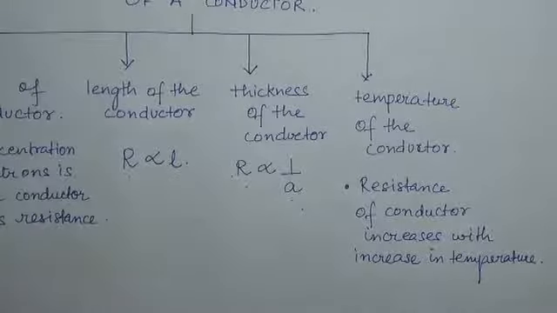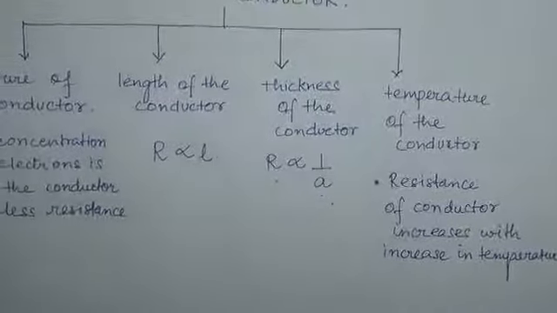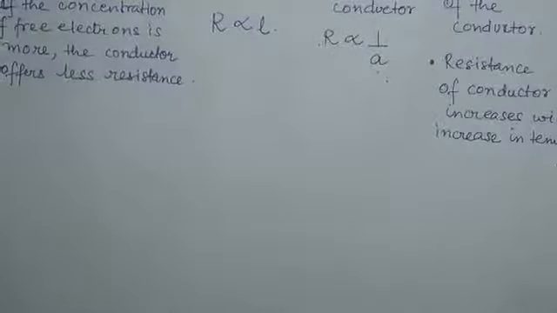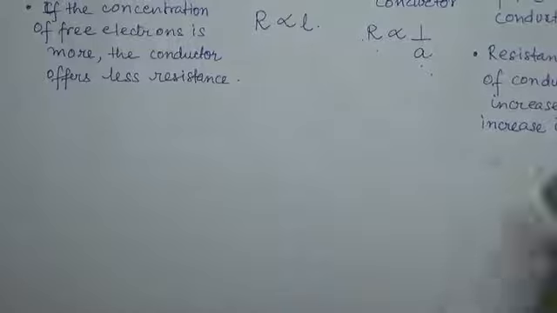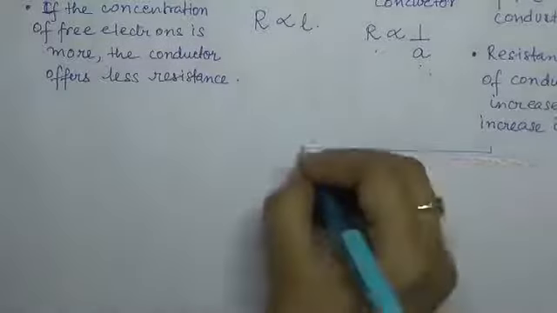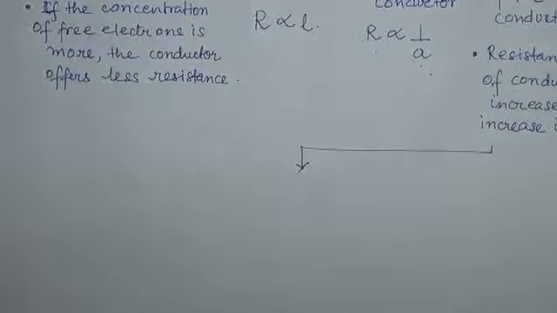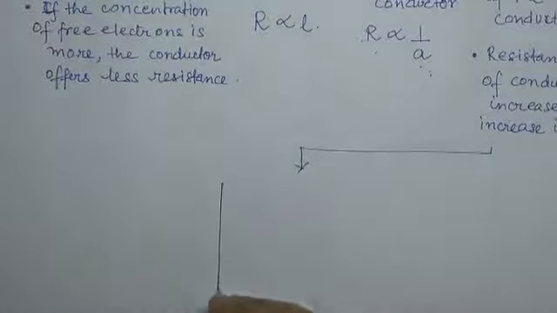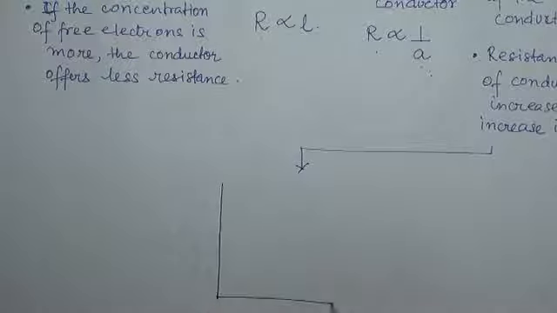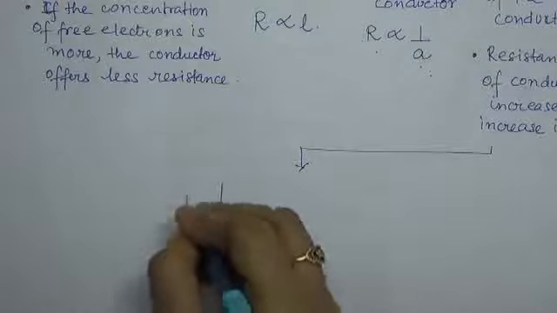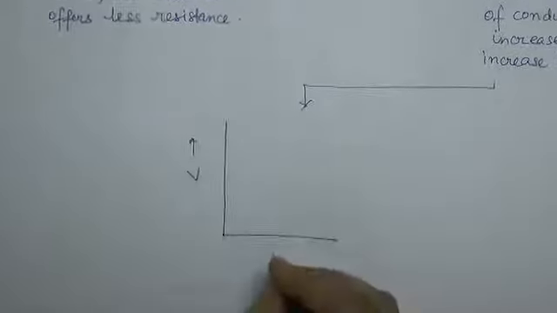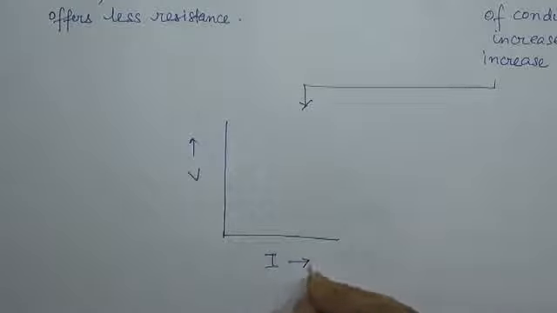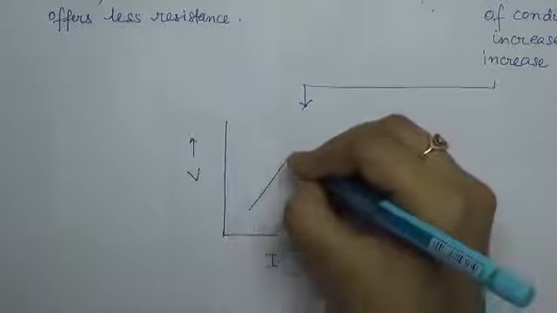Now let us see a graph where we see the dependence of resistance on temperature. Here a graph is given to us. It's a VI graph, V, the potential difference, on the y-axis and I, the current, on the x-axis.